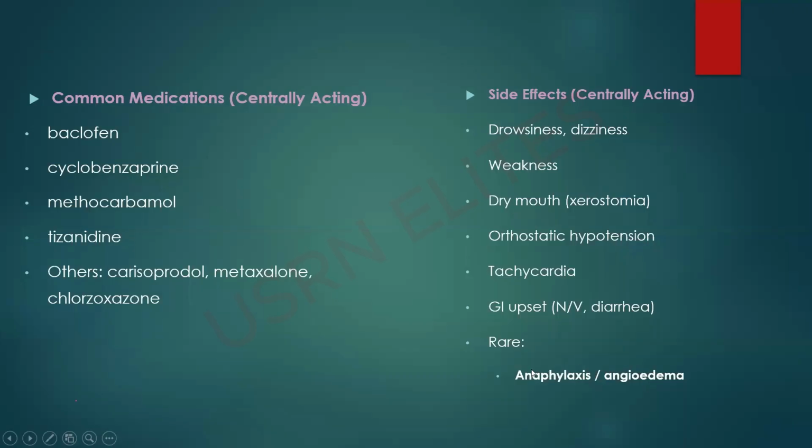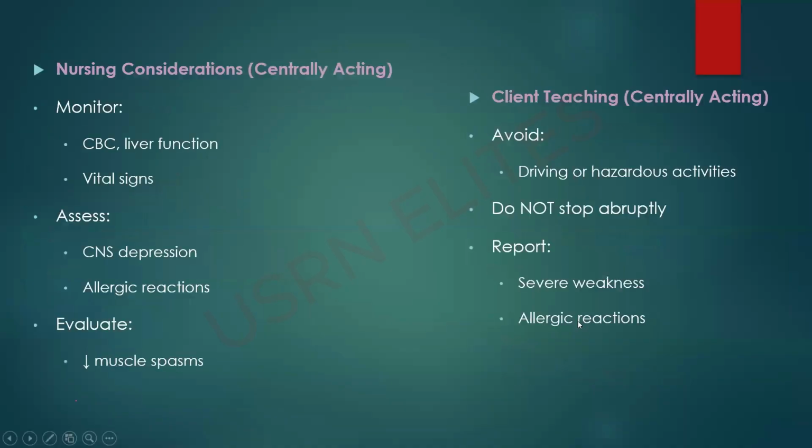So you see this one, it's an adverse effect and can cause lots of issues. When you are giving a centrally acting drug, you monitor CBC, liver functions, vital signs, and CNS depression, because they depress you, it's like downness. That's how they work.